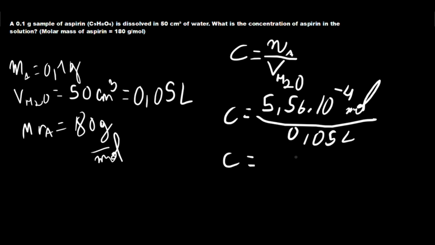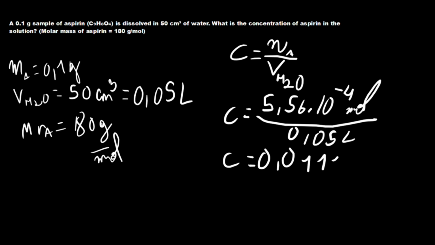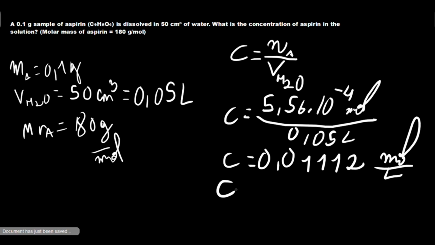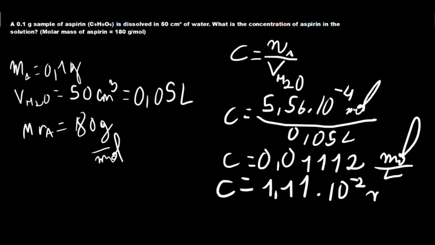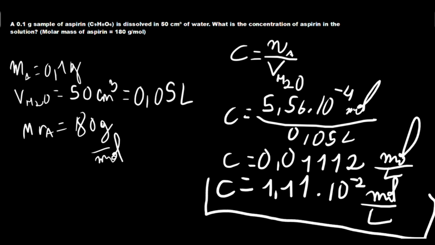Concentration equals, let me just write it down, 0.0112 moles per liter, or 1.11 times 10 raised to the negative 2 moles per liter. And this is our final answer.